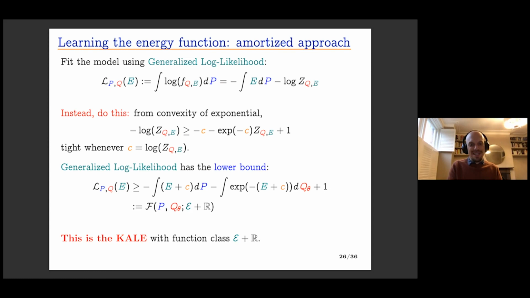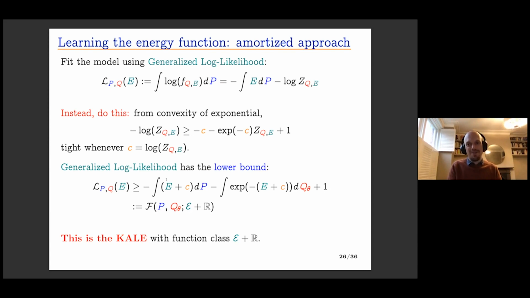You will be able to page back on the slides when you have them online, but you'll notice that you've got the expectation of a function under P, minus the expectation of e to the minus the function under Q, plus 1, which is indeed the KALE, the variational lower bound on the KL. And so now we understand how the energy function relates to the critic.